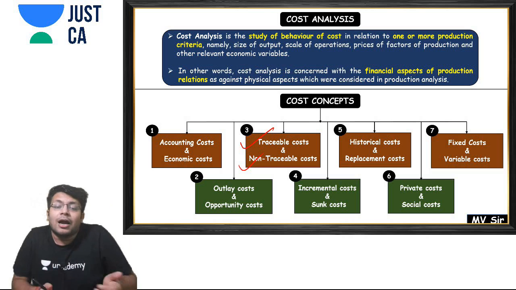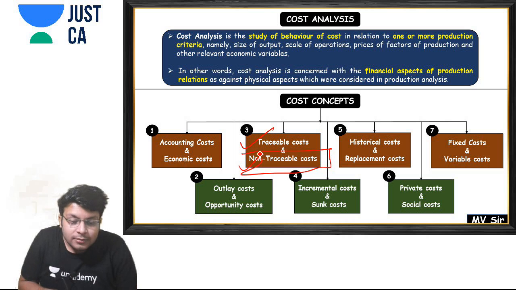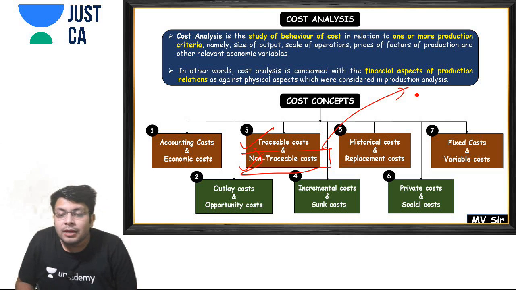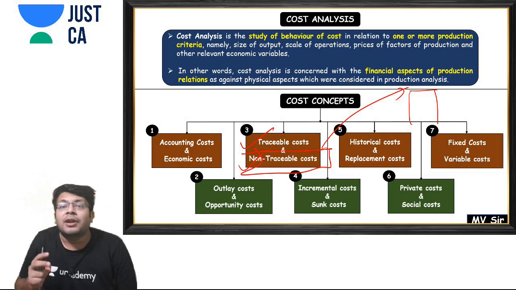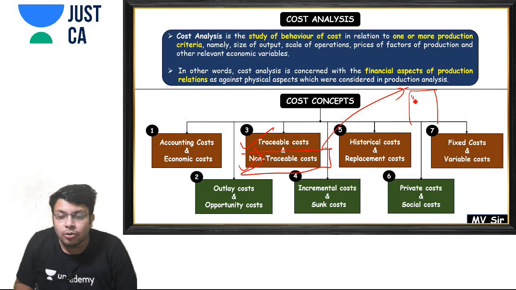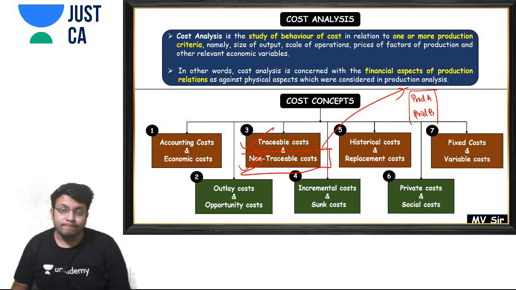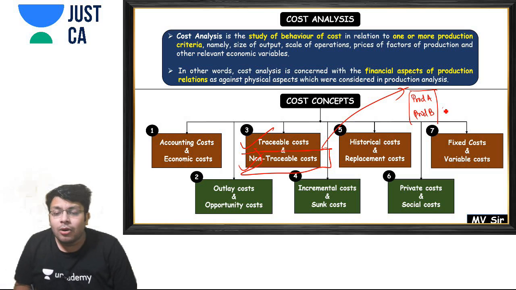Now what will come under non-traceable cost? For example, you have a building in which you are producing two goods, product A and product B. You have just one single gate of this factory, and here you have kept two watchmen.